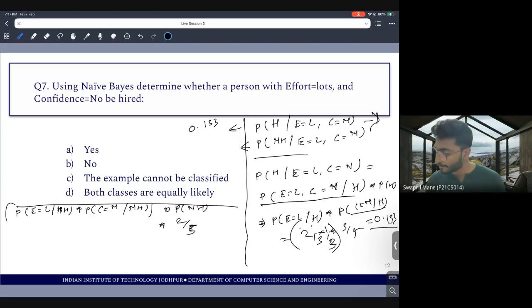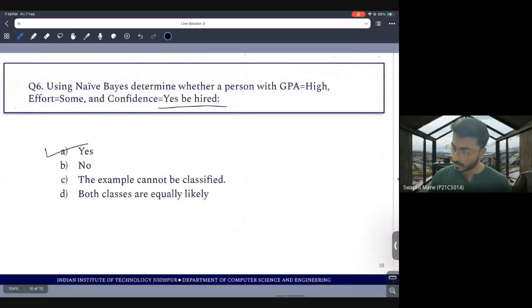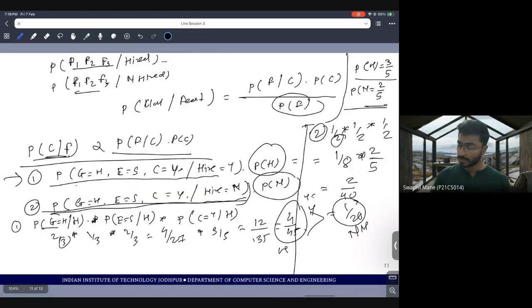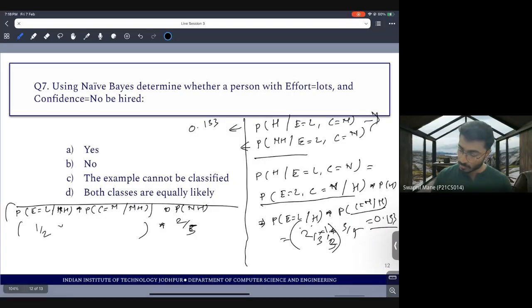For efforts lots among the no's, there is one, so it is 1 divided by 2, as two no's are there in total.